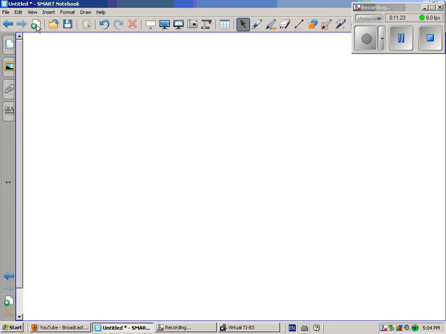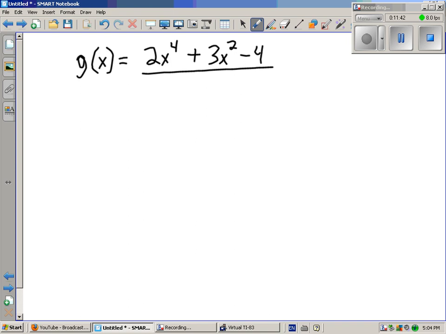The part that actually is a little wishy-washy there is the line part. Let me show you an example. What I'm going to do is tweak that same function again. I'm going to make the leading term 2x to the 4th on the top. Everything else is the same. Plus 3x squared minus 4 divided by x squared plus 1.